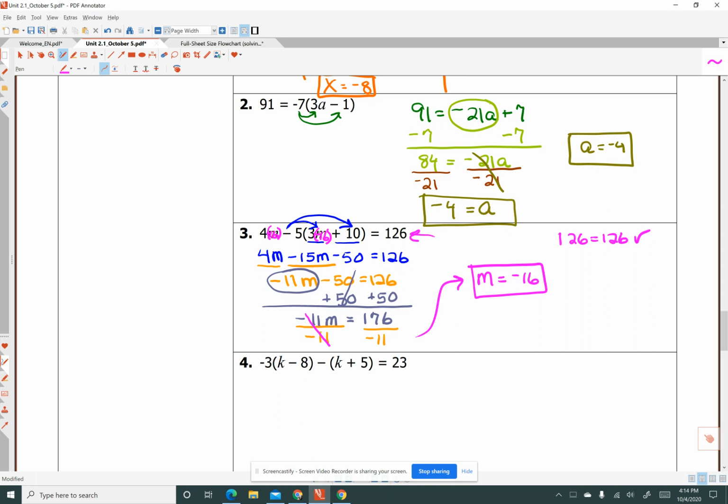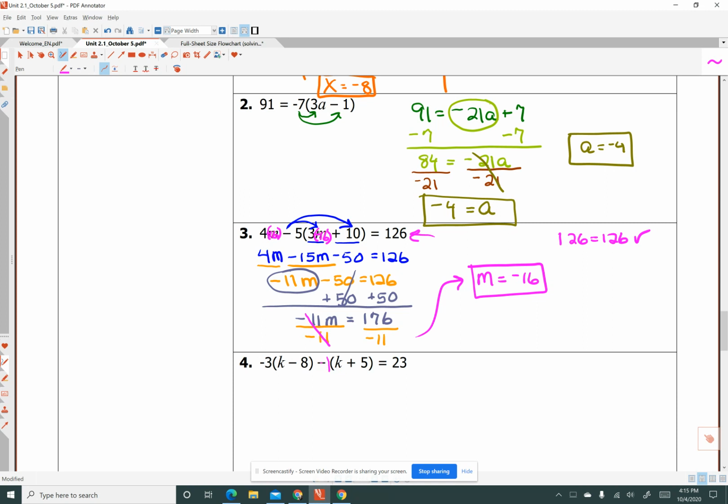So number 4 presents a particular problem for us because we have two quantities that need to be distributed. We have a negative 3 that needs to be distributed through the k minus 8, and we have a negative, this is an invisible 1 here, that needs to be distributed through k plus 5.